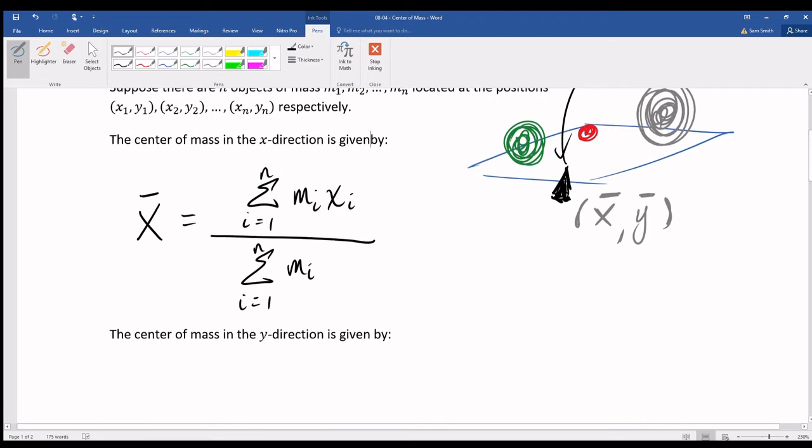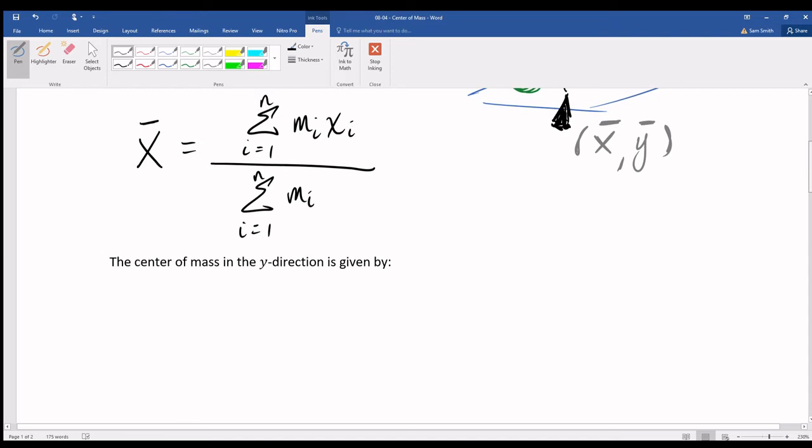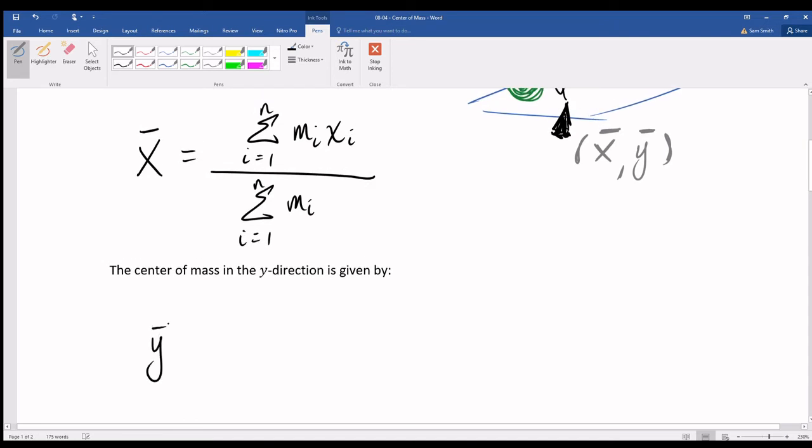Sum of mixi, sum of mi. And similarly, if you want to find the y-coordinate of the center of mass, you can just take the sum as i goes from 1 to n of mi times the y-coordinate of the mass and divide that by the total mass.